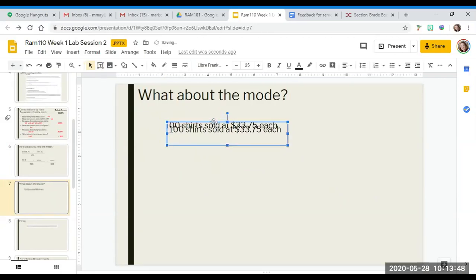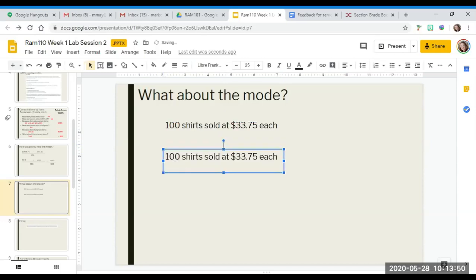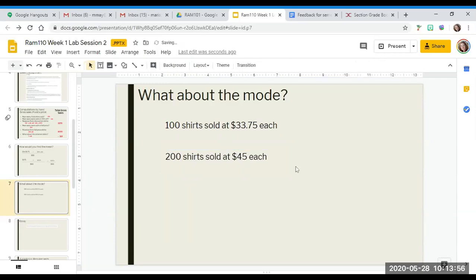And then we had 200 shirts that sold at $45 each. And so the mode is asking us for which one occurred the most. What was the most popular price of shirt? What was the price that the shirt sold at most often? I'll let you decide that based on the information we have.